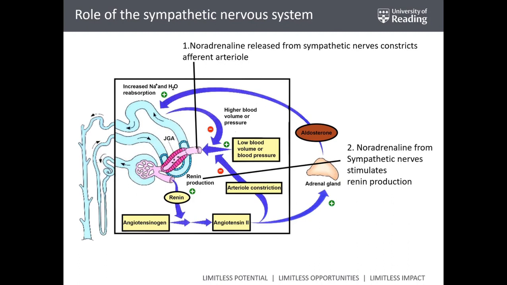And that decreased blood flow leads to the increase in the secretion of renin, and so the activation of the renin-angiotensin system, which then leads to further arterial constriction. So, in this feedback loop, it also leads to the activation of the cortical cells of the adrenal gland, leading to the secretion of aldosterone, which promotes the reabsorption of sodium and water in the distal convoluted tubule.